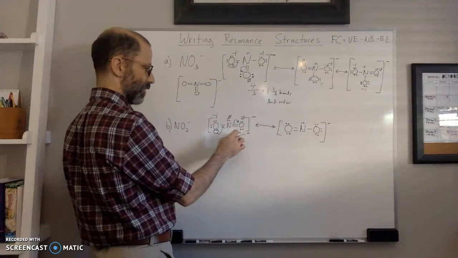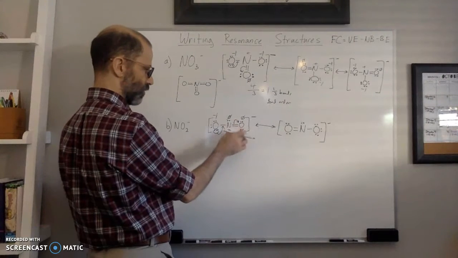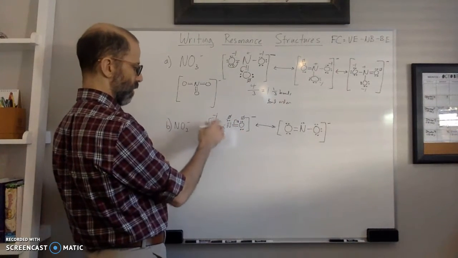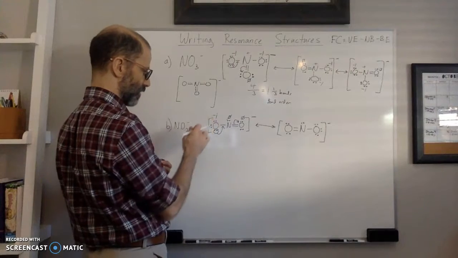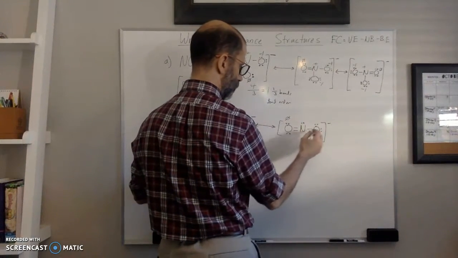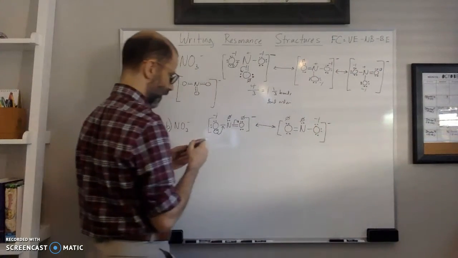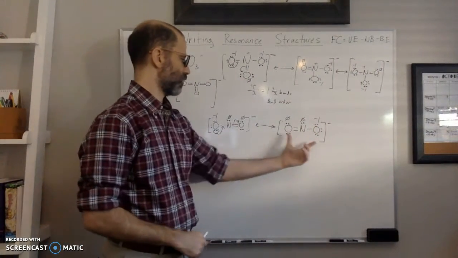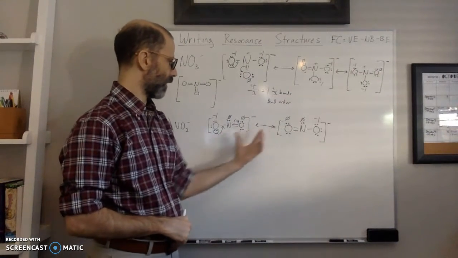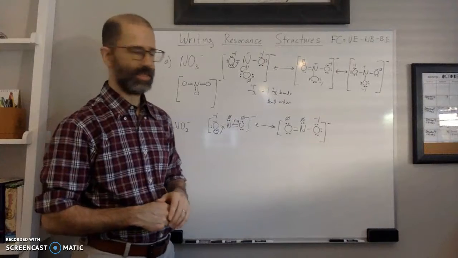So oxygen has 2 bonds, 2 lone pairs. Nitrogen, 3 bonds, 1 lone pair. So it's 0. This one does not follow the typical bonding pattern, but it does have the bonding pattern that has -1, and you can calculate that out. So this one has 0, this one has -1, and this one has 0. Again, the only difference between these two is where the electrons are and where that double bond is. The total formal charge is the same.